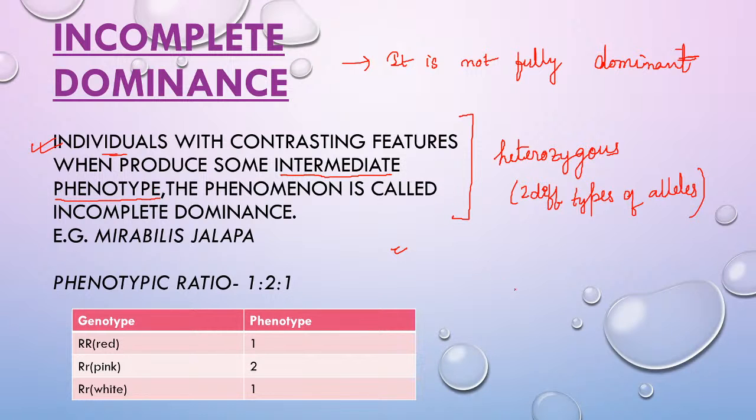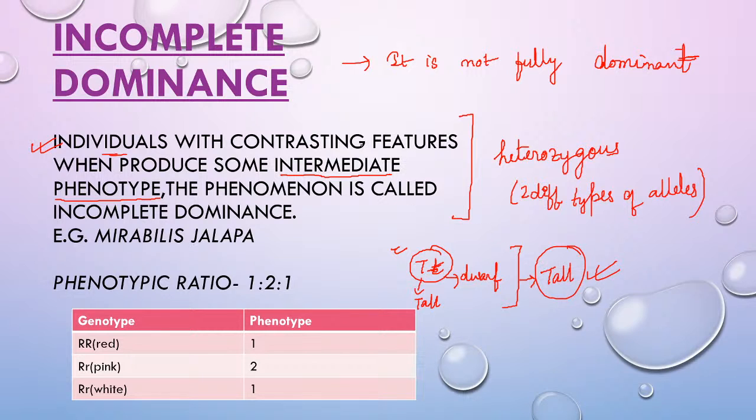So what did we study in Mendel? If there was a heterozygous condition, with one capital T and one small t, capital T codes for the tall character, whereas small t codes for the dwarf character. In Mendelism, Mendel said that when the dominant allele is present, it will express its dominance and repress the activity of the recessive gene, and the plant will show the phenotype of tallness.